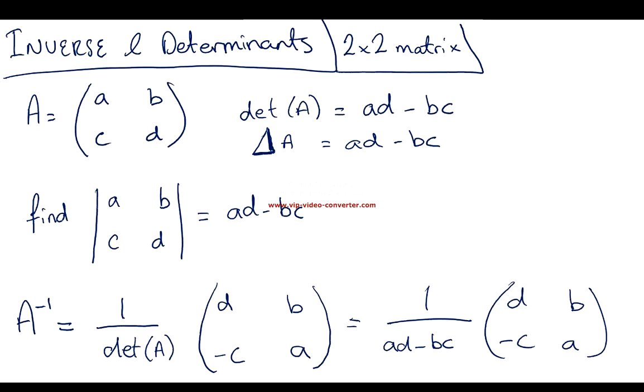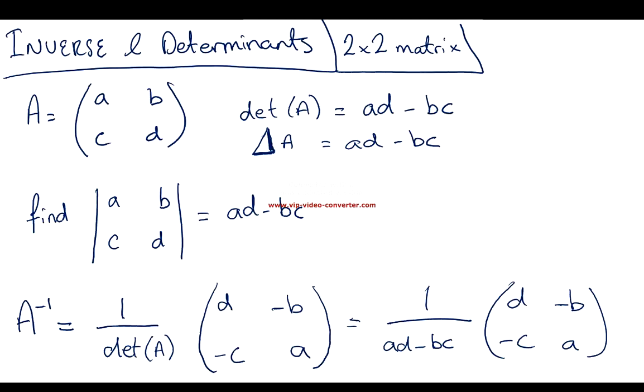We find that, and to get the inverse it is 1 divided by the determinant of A multiplied by this matrix that we've changed slightly. We've swapped the entries along the main diagonal, and we've changed the sign of the other two entries. So along the main diagonal you swap them, and on the other diagonal you change the signs of their entries.